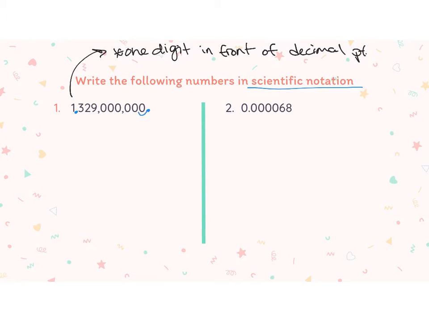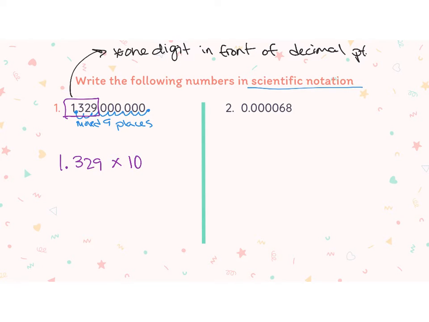We're gonna move it 1, 2, 3, 4, 5, 6, 7, 8, 9 places, okay? So we moved 9 places, and here's what that does to our scientific notation. We wanna write out the number part, 1.329, and then we're going to multiply that times 10.